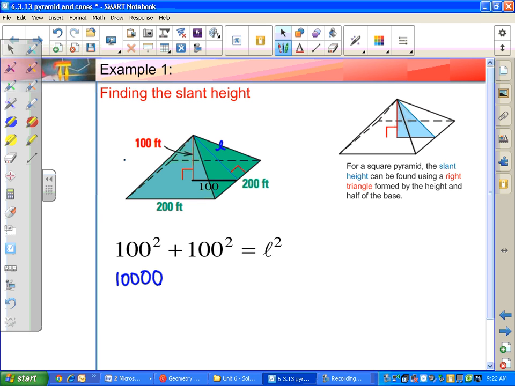And another 100 squared is another 10,000. And that equals the slant height squared. So add those together, we get 20,000. And then we have to take the square root of both sides to get the slant height. And the square root of 20,000, I'm just going to approximate that with a decimal value. The square root of 20,000 is about 141.42. So that's how we can go in and find the slant height.